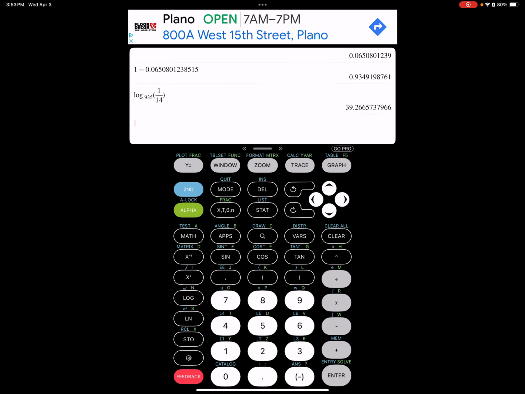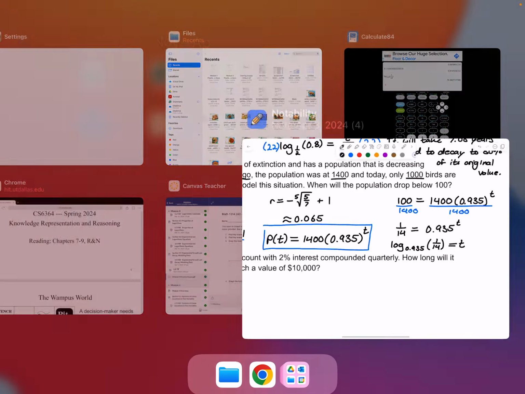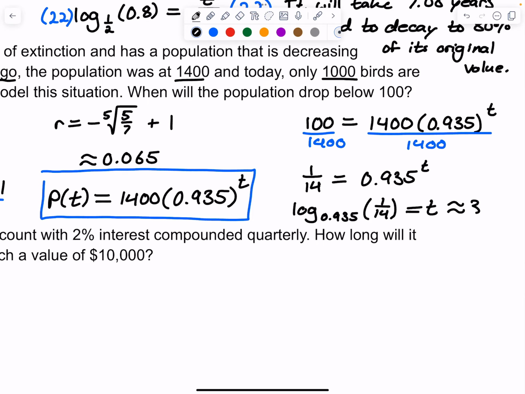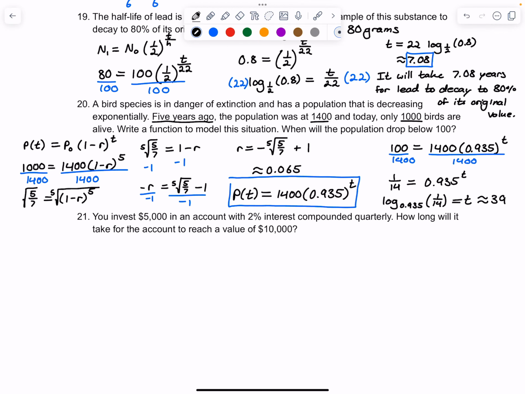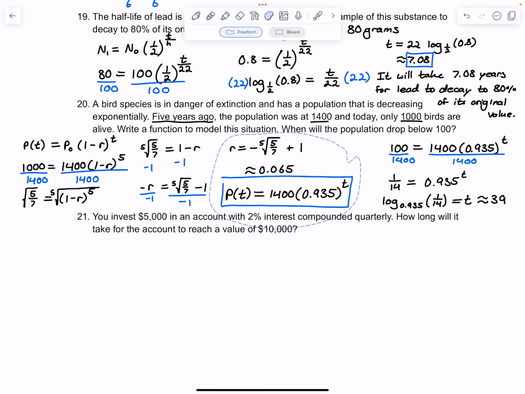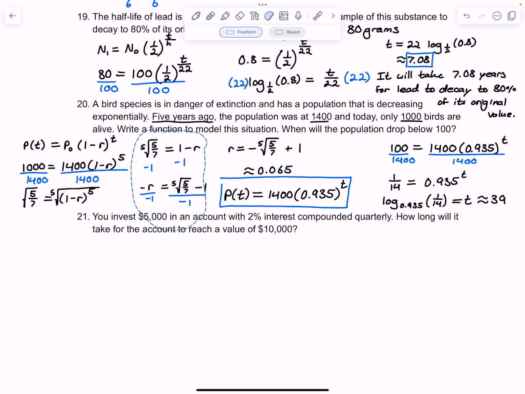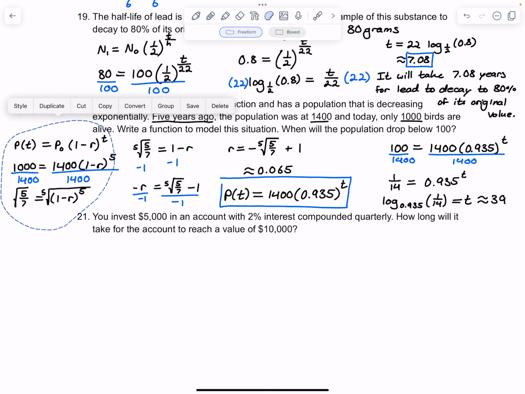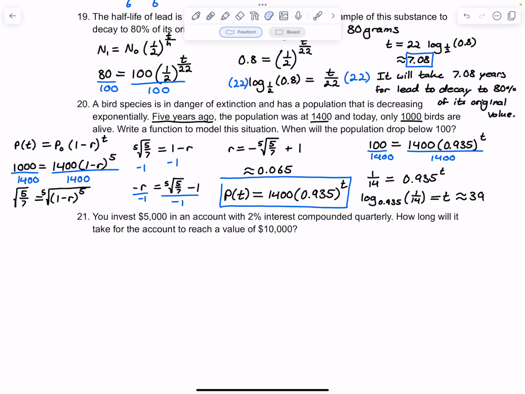And that is 39.27. Let's just round it to the nearest whole number. This is approximately 39. So 5 years ago, the population was 1,400. 39 years after that, which is 34 years from today, the population will drop below 100.